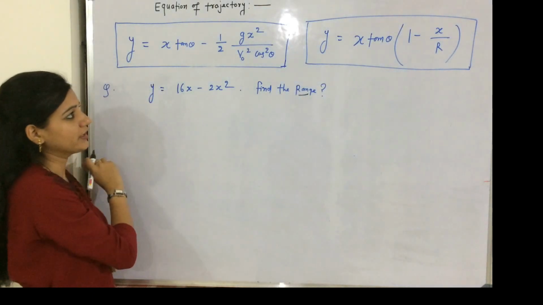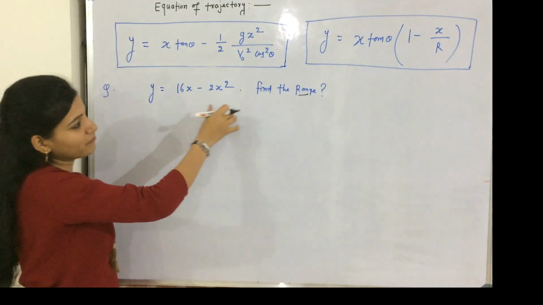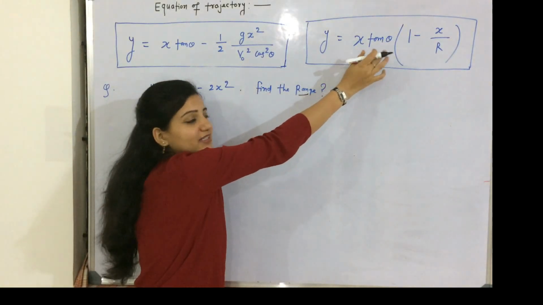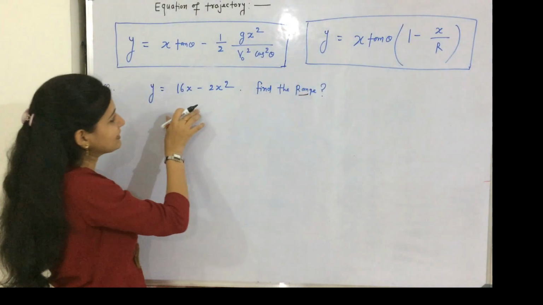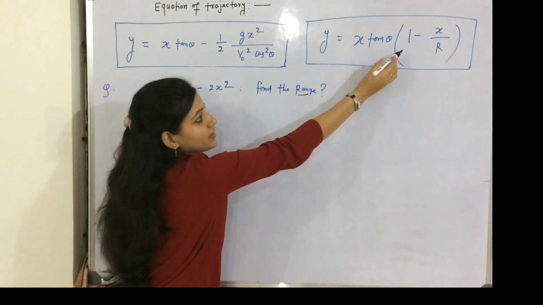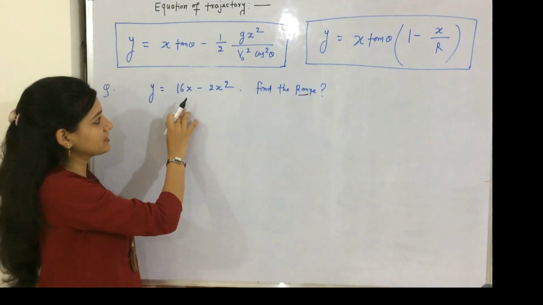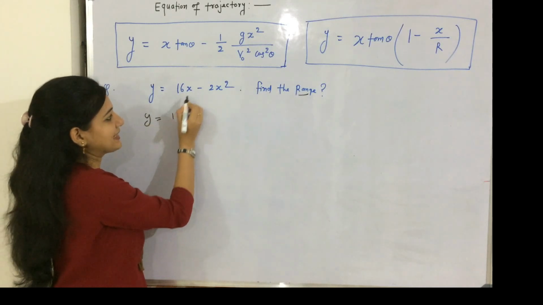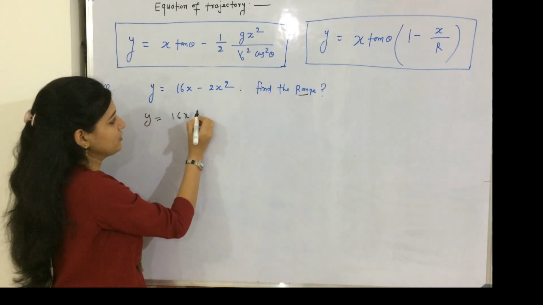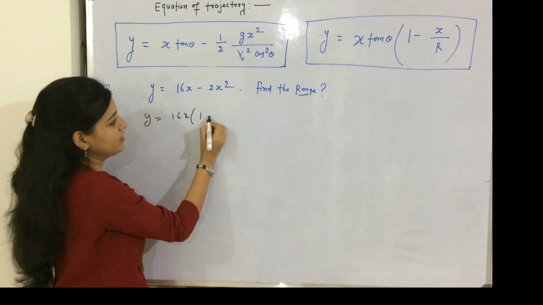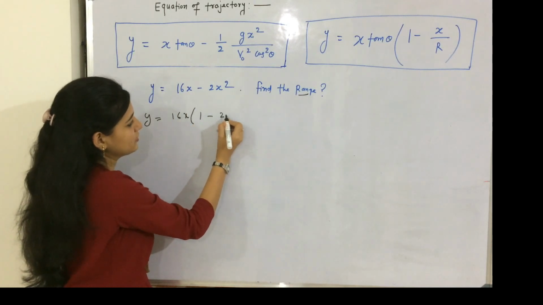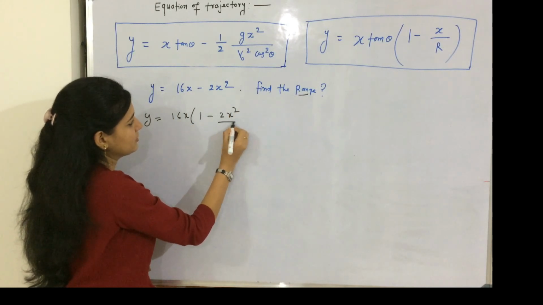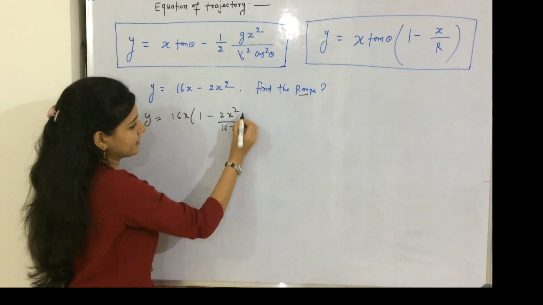Let's apply the formula. We know that x tan theta is common in this formula, and the second term is of the form 1 minus something. So y equal to, we'll take 16x as common. So it will come as 1 minus 2x square by 16x.